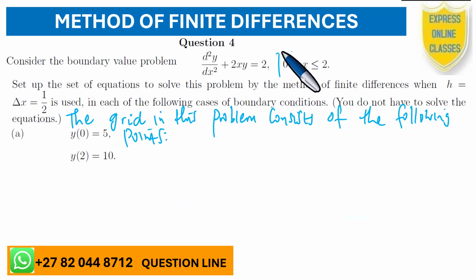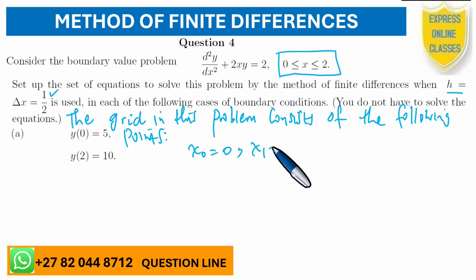Now, if then our x runs from 0 to 2, our x0 becomes 0. Remember that now you just add h, which is 1/2, and 1/2 is 0.5. So if x0 is 0, x1, you start from the initial point x0, then you add 0.5, you will have a 0.5.